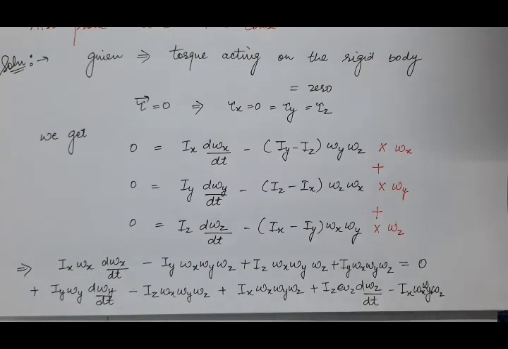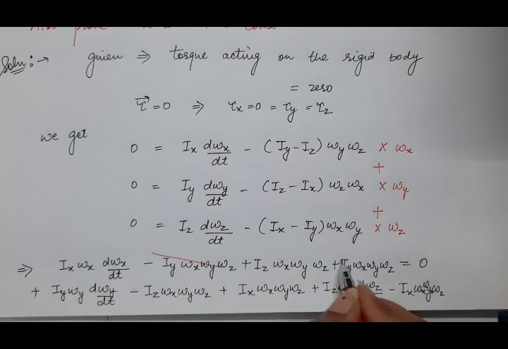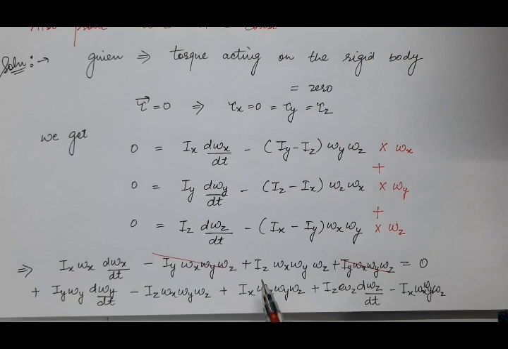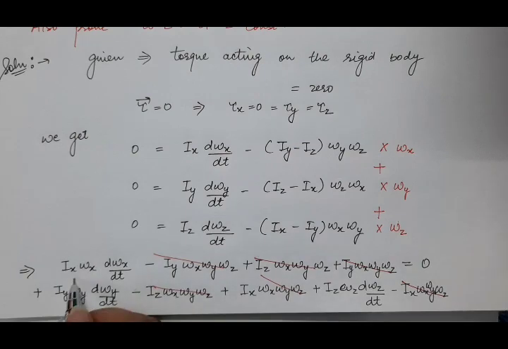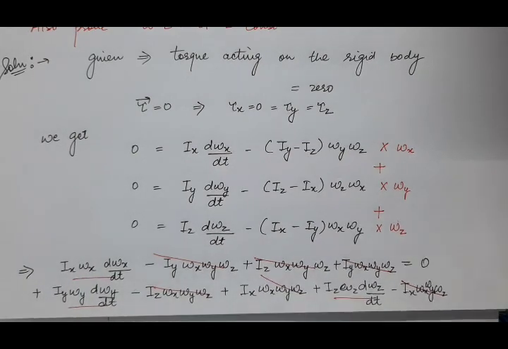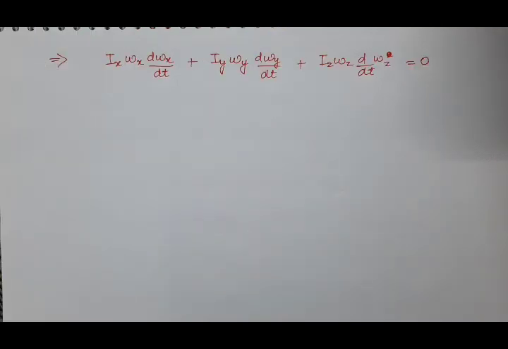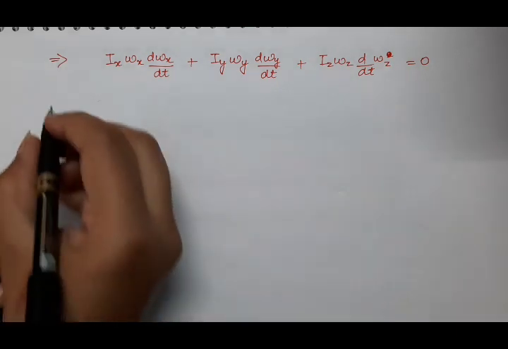So now you can see that this term will be cancelled out with this term, and this term will be cancelled out with this term. So we are only left with this and this term. Now we will rearrange this term.